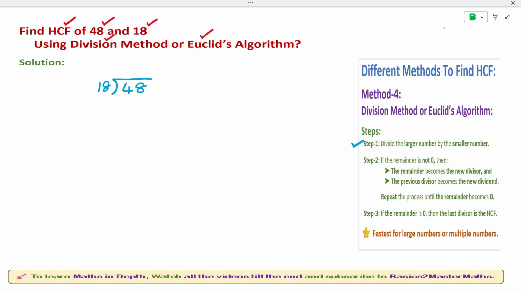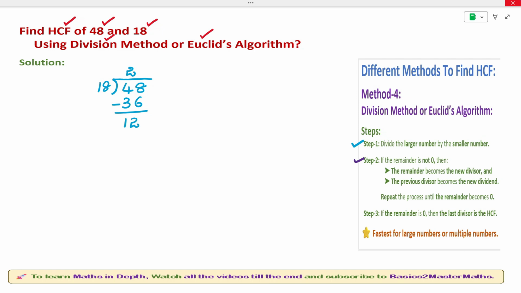In this case, when we divide 48 by 18, we get 2 as the quotient and 12 as the remainder. Step 2.